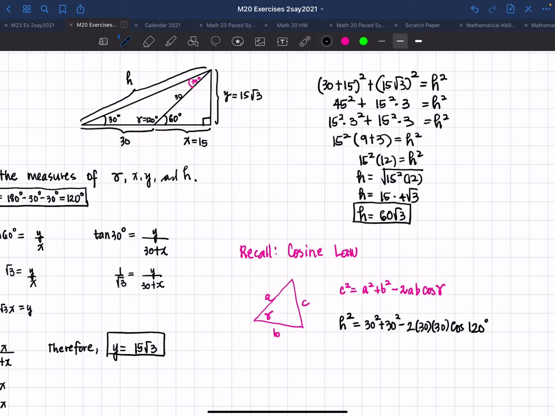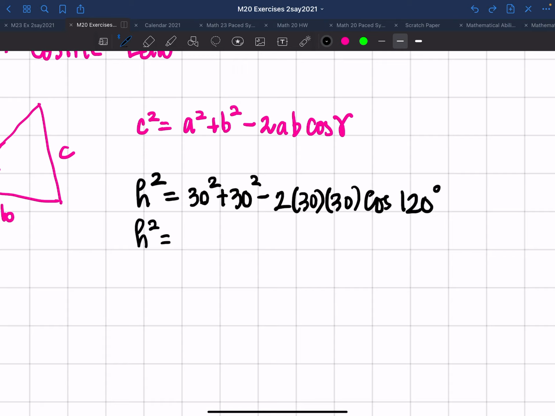So, ano na ito? 900 plus 900, minus twice ng 900, because this is 900. And cosine 120 degrees is negative 1 half. So, magiging positive 1 half. So, cancel na ito.